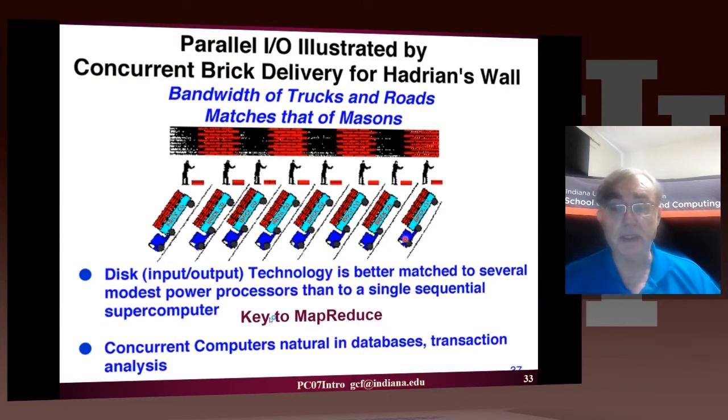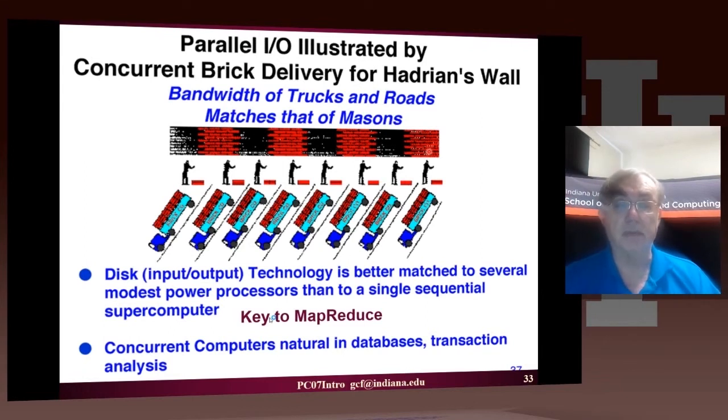Most of our big data problems actually read from disk. And so what's the analogy here? Well, we can actually supply our masons in parallel. The analogy of the disk for Hadrian's Wall is this truck full of bricks, and that truck delivers bricks in parallel to one or more masons per truck, and we could have one disk each supporting 8 cores, say.